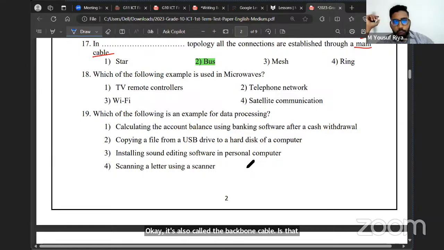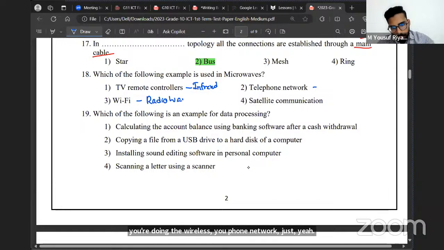Perfect. The next one. Which of the following examples is used in microwaves? TV remote uses infrared. Telephone network is normally a wired network, but if you take a wireless telephone network, it has radio waves. Wi-Fi is normally radio waves. Satellite communication uses microwaves.